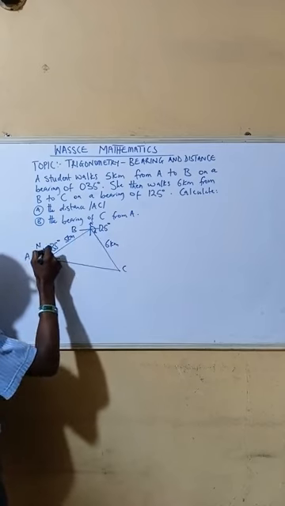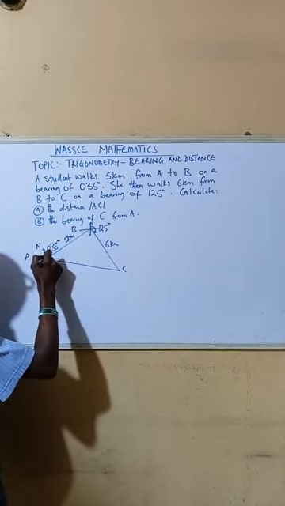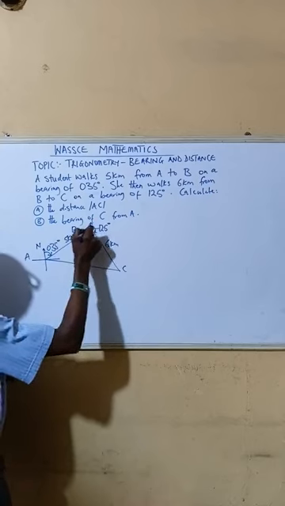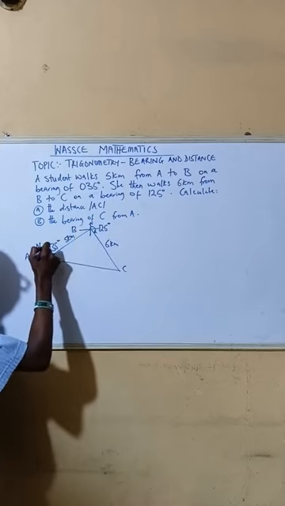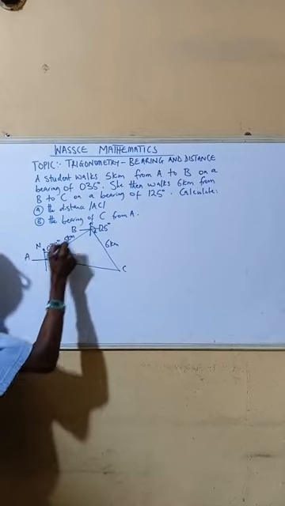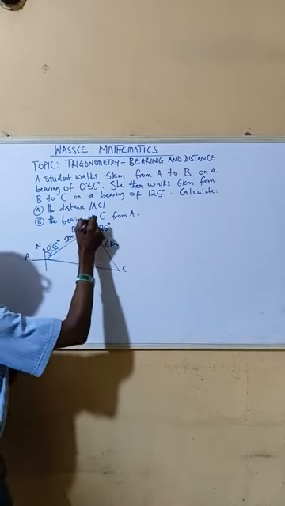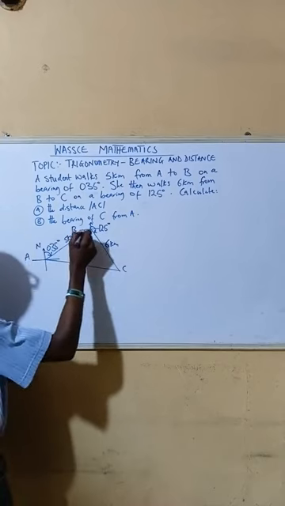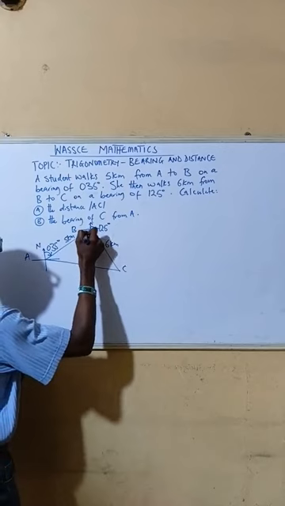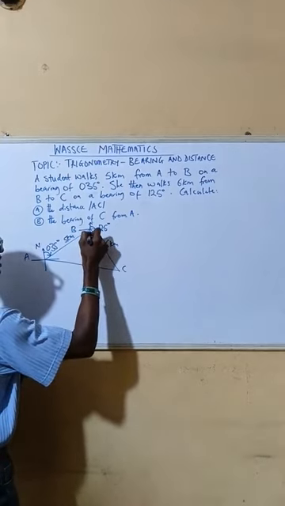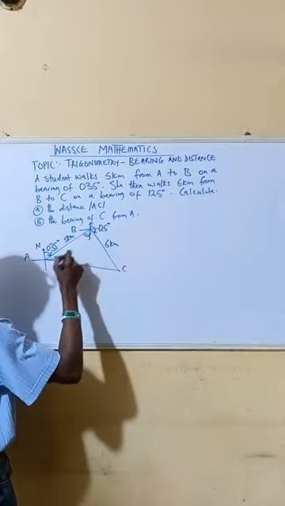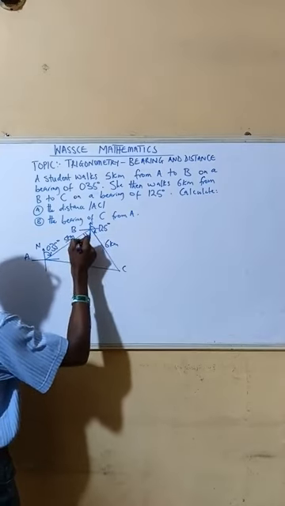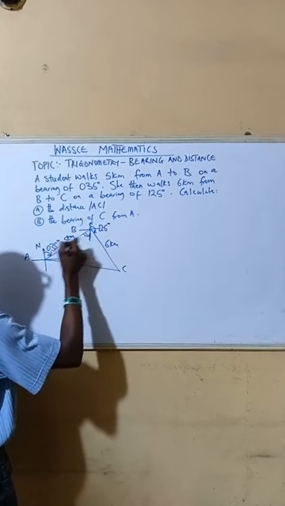The line joining points A and B is actually called a transversal because we have two parallel lines, the geographical north of point A and the geographical north of point B. The north-south lines are both parallel, which makes the angle in this part of the triangle, the interior angle, an alternate angle.